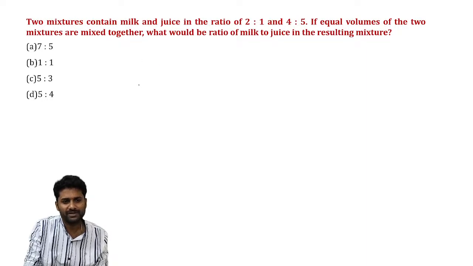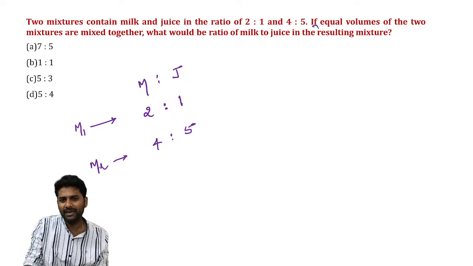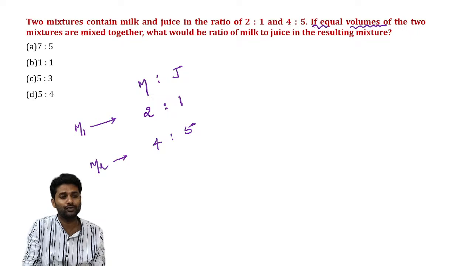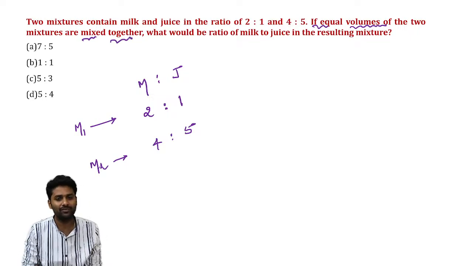See, there are two mixtures containing milk and juice in the ratio of 2 is to 1 and 4 is to 5. So these are the two mixtures, mixture 1 and mixture 2. They clearly mention that if equal volumes of the two mixtures are mixed together, we have to mix equal volume.